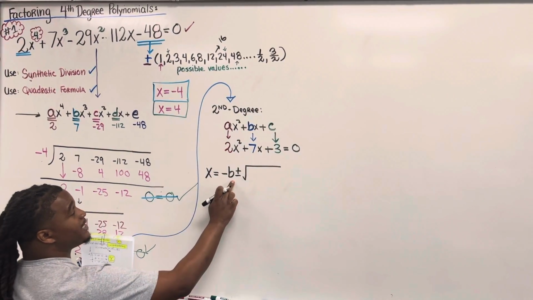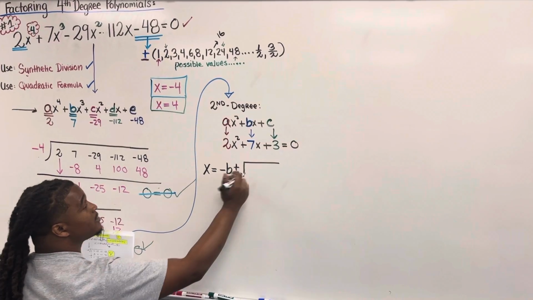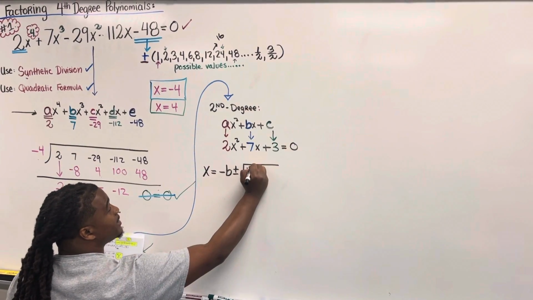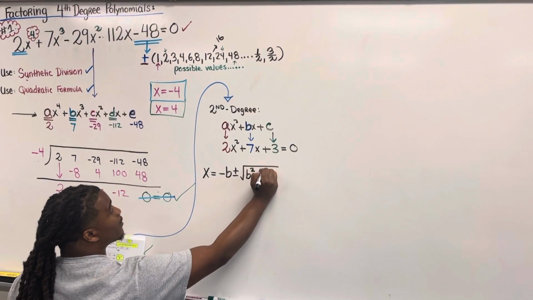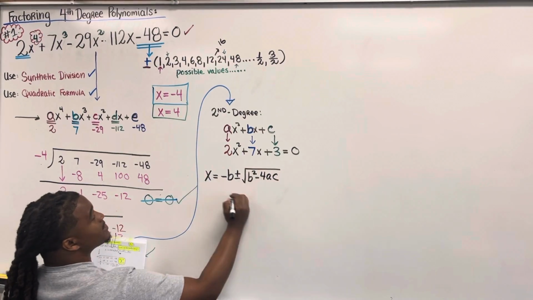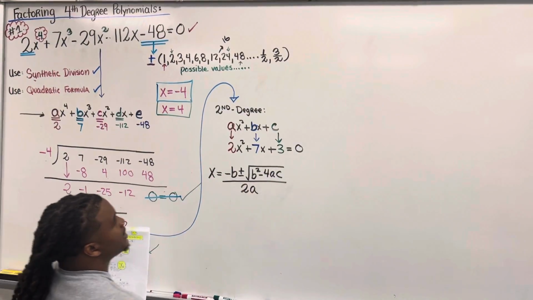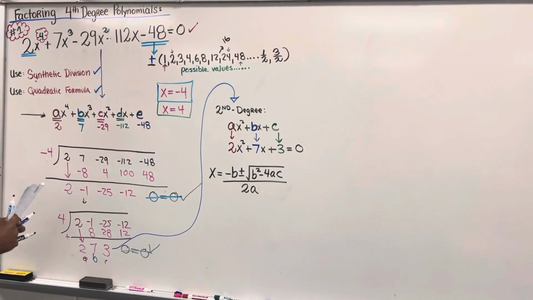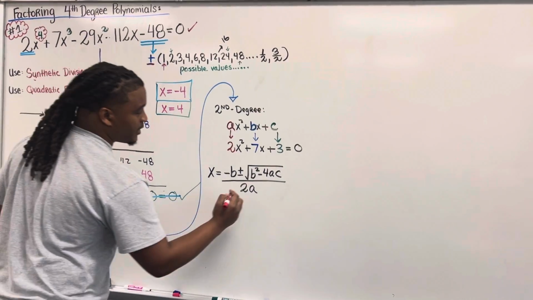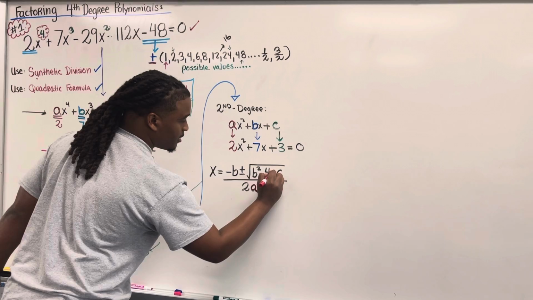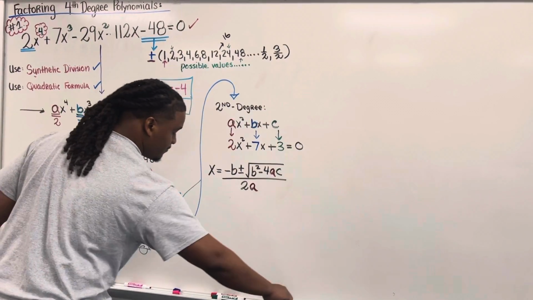So it's negative B plus or minus the square root of positive B squared minus 4 times A times C, all divided by 2 times A. That's what you should have, okay? So just give me a second. I'm just gonna color code everything so you can clearly see where we're gonna put each value.